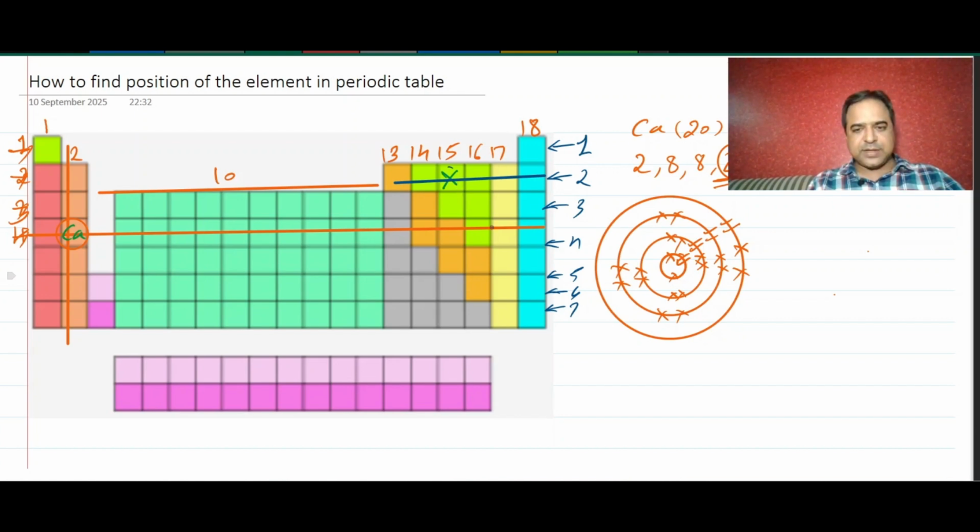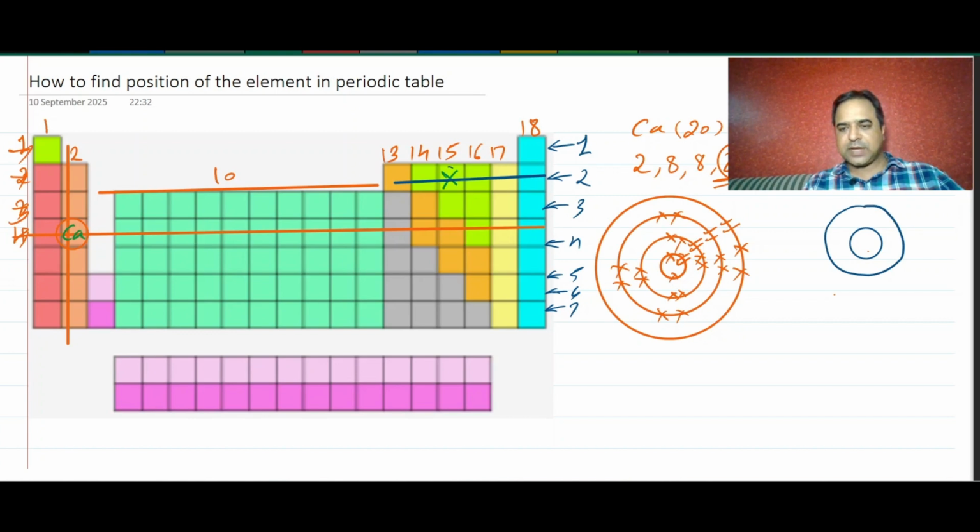With the help of this, you will decide how many orbits are there. So, how many orbits will it have? Since it is in the second period or second horizontal row, it will have 2 shells. Now, it is present in which vertical column?